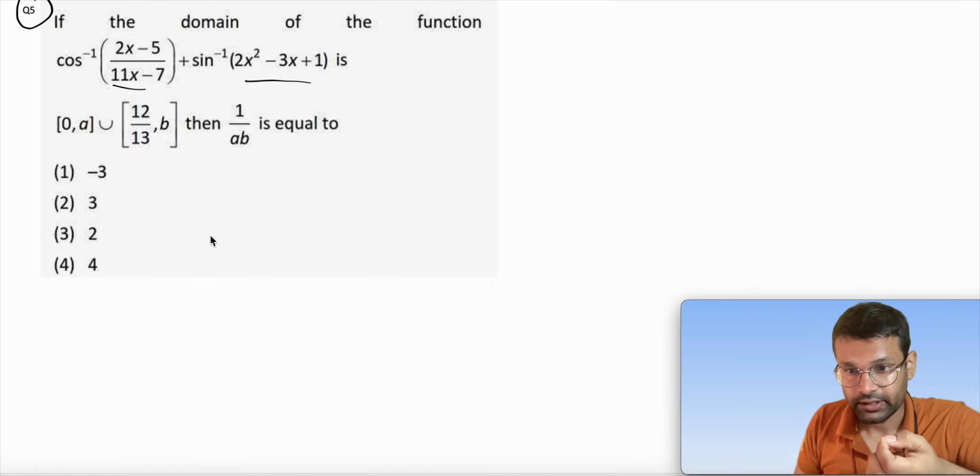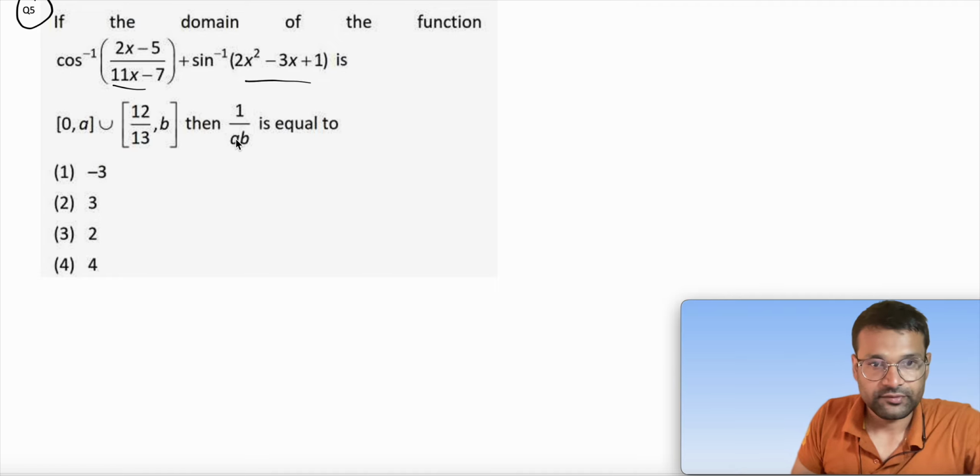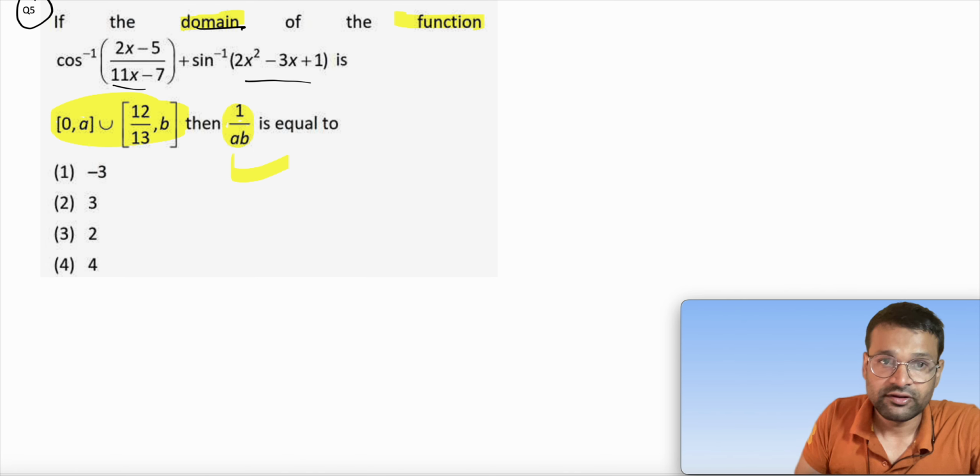We switch to another topic, that's why from each question paper we discuss all the questions. Now we go on to the next question. Here we find the domain. The question asks: if the domain of the function is this, then find the value of this one. So before finding this value, we must find the domain of this one.